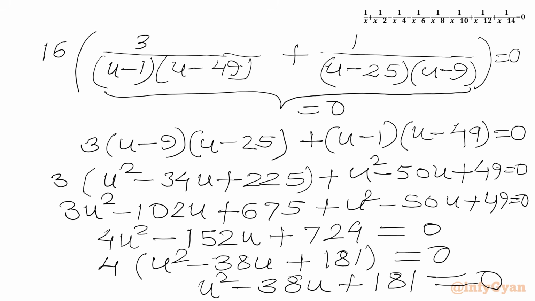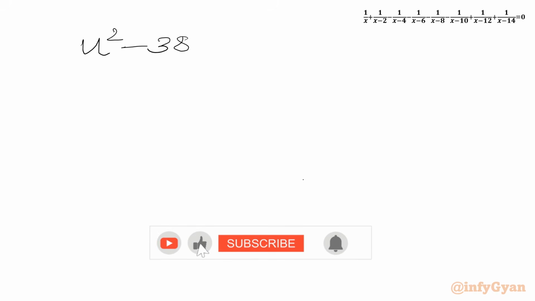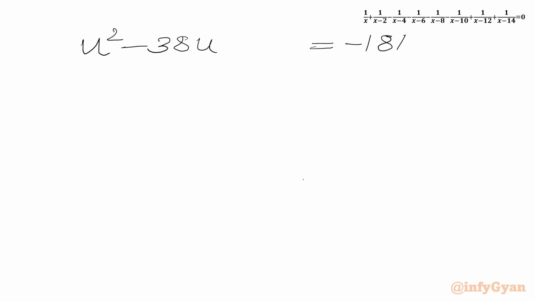We'll solve this quadratic equation using the completing the square method. So I need to take 181 to the RHS. We will write the equation u square minus 38u in the LHS and we'll write minus 181 in the RHS. Now we have coefficient of u as minus 38.